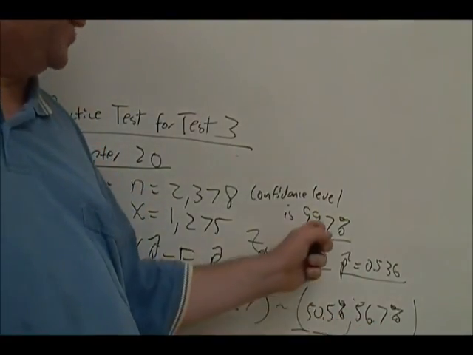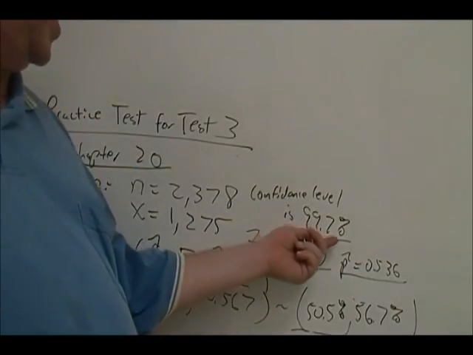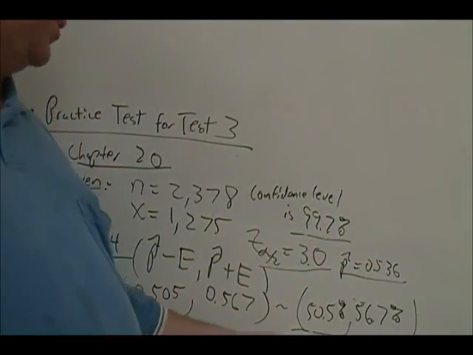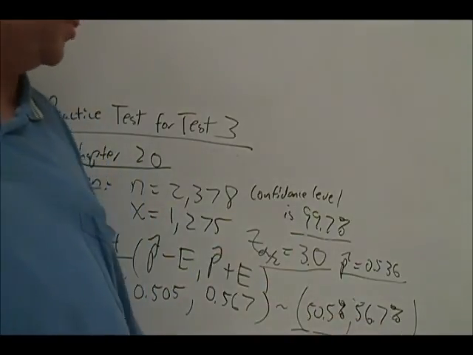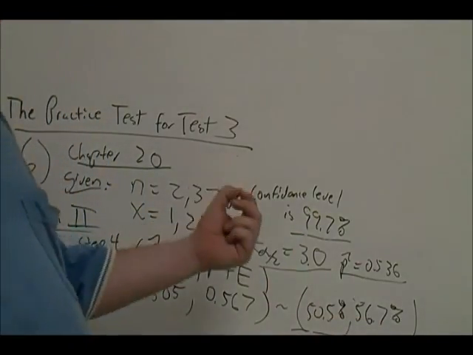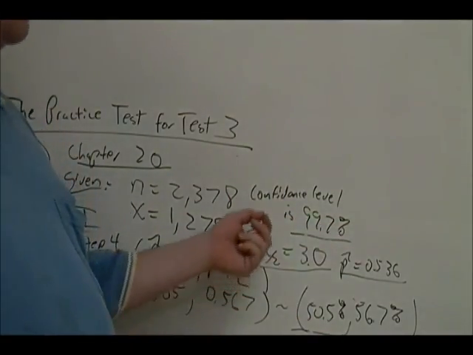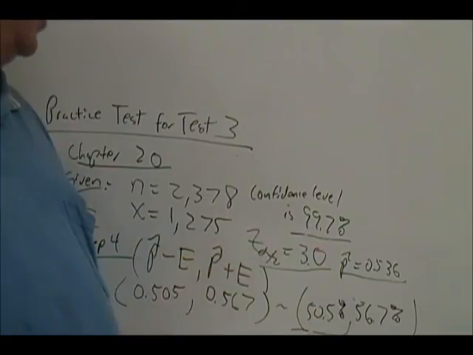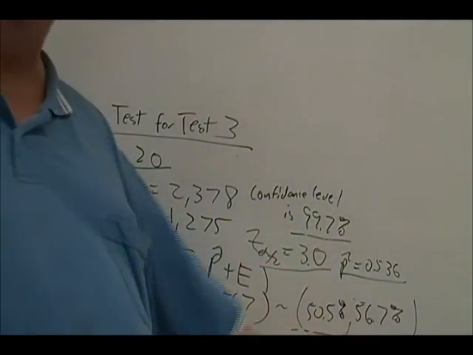So this only says with 99.7% likelihood, or with a probability of 0.997, the actual percentage of voters voting for Bill should lie between 50.5% and 56.7%. There's still a small chance, a 0.03% chance, or a probability of 0.0003, that the percentage of voters voting for Bill is not between these two numbers.